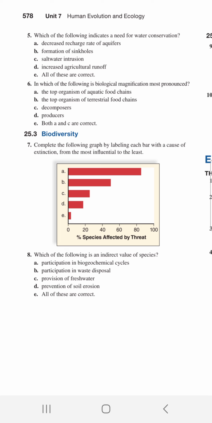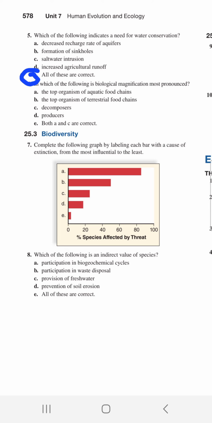Increased agricultural runoff: while you are watering your plants, if you spray too much water, you will notice that the water is trickling, especially if you're on a slope, it can trickle down the slope. So you know that you use too much, and this is just water wastage. So all of these indicate a need for water conservation.